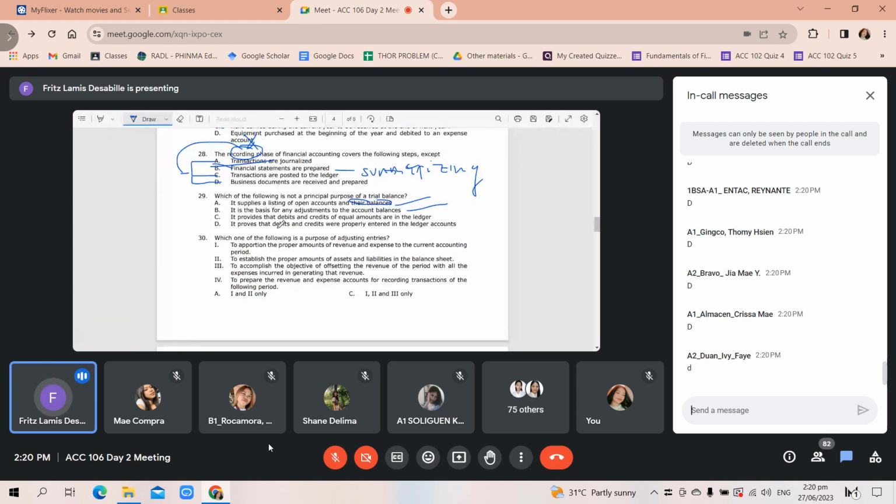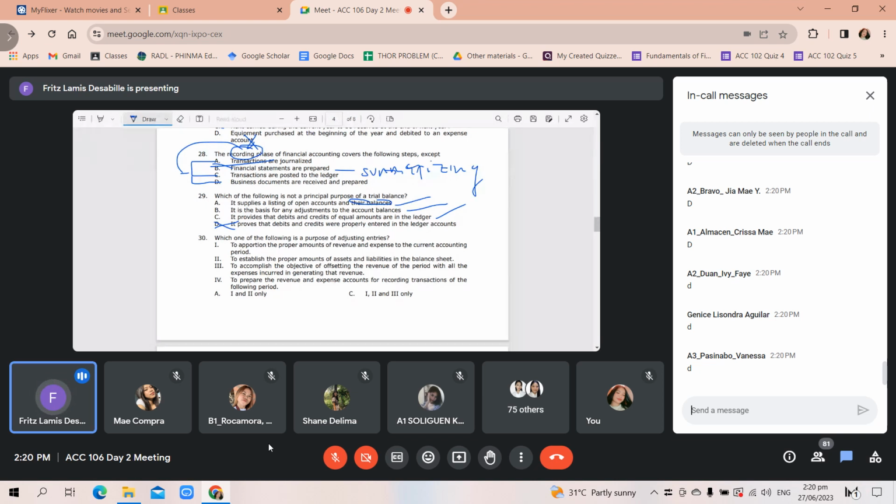It proves that debits and credits are equal. Correct. It proves that debits and credits were properly entered in the ledger accounts. No. Dili siya makaprove na debits and credits were properly entered in the ledger account. Why? Because there are errors na dili ma-detect sa trial balance.